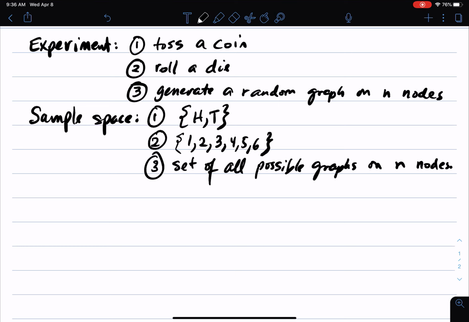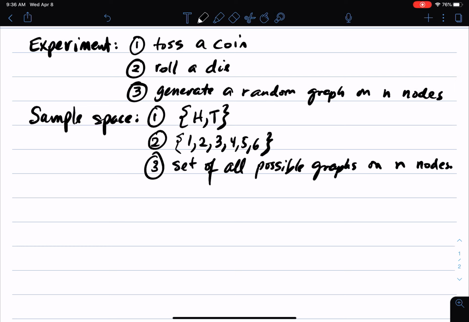You can start with the simplest such graph, the graph on n nodes that has absolutely no edges. Then you can list the set of all graphs on n nodes that have exactly 1 edge, then all the graphs that have 2 edges, 3 edges, all the way to the graphs that have the maximum number of edges, which is the complete graph.